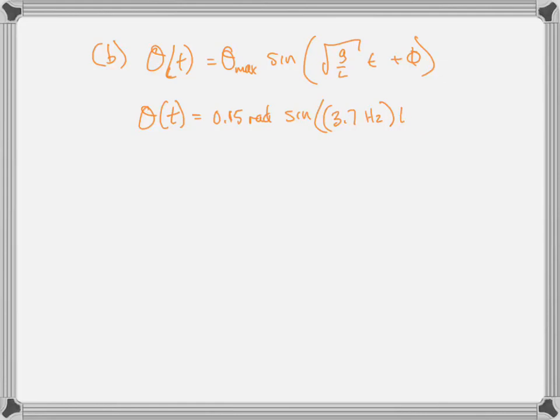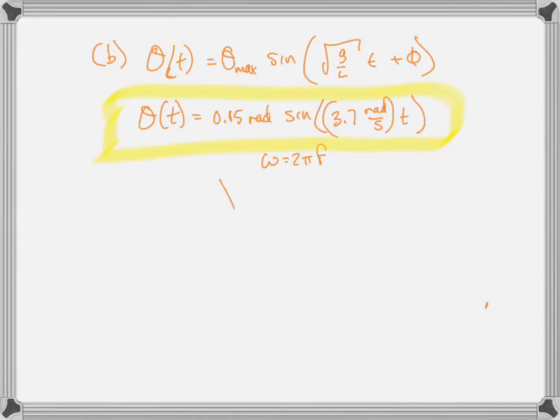And really, let's be more explicit. That is radians per second. It's omega. Omega is 2 pi f. That is radians per second times t. And there you go. That's my equation of motion, the equation of motion that describes this pendulum.